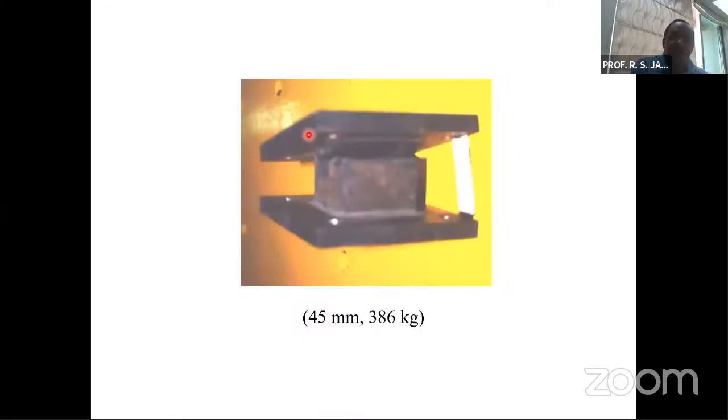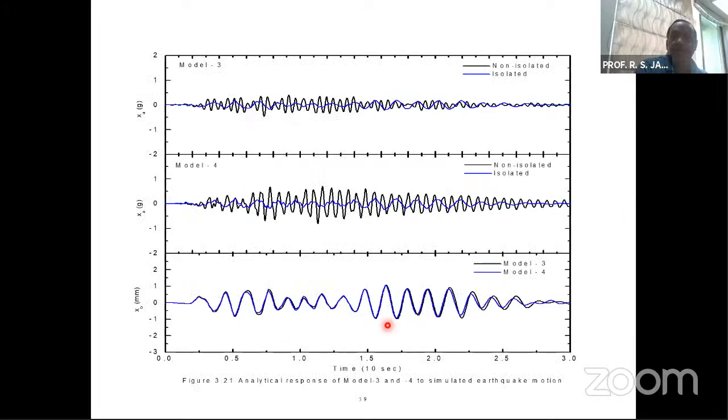This slide shows that when the bearing was tested for the ultimate load, it underwent a deflection of 45 mm and a horizontal load of 386 kilogram. This slide shows the acceleration of an isolated and non-isolated model, and one can see that there's a substantial reduction when the isolation system is used.